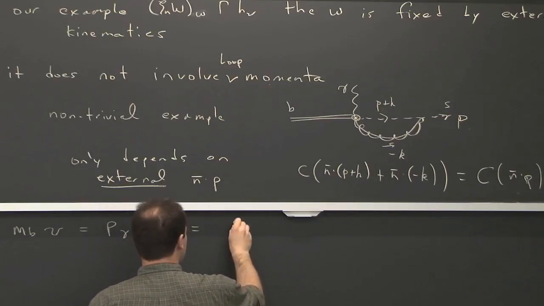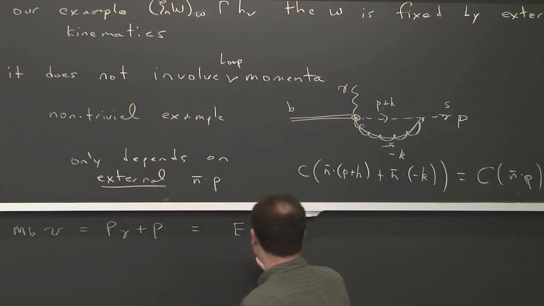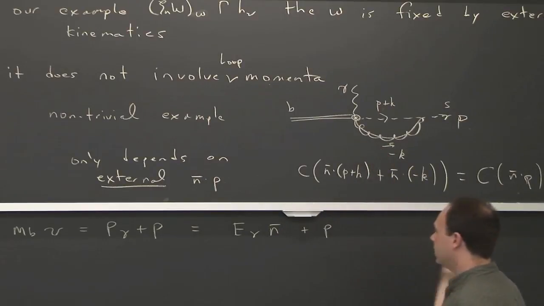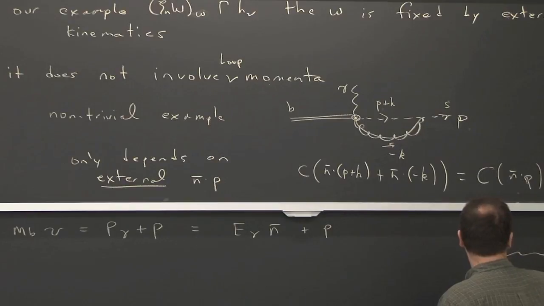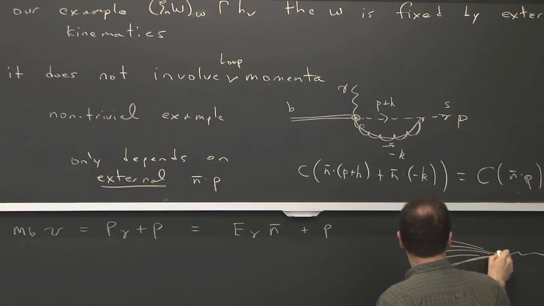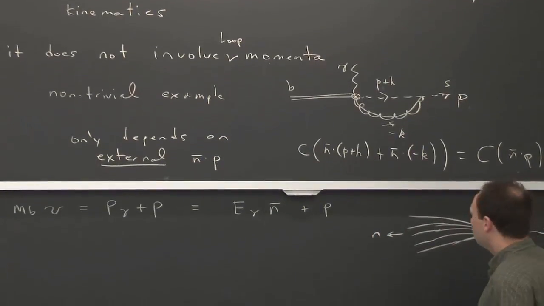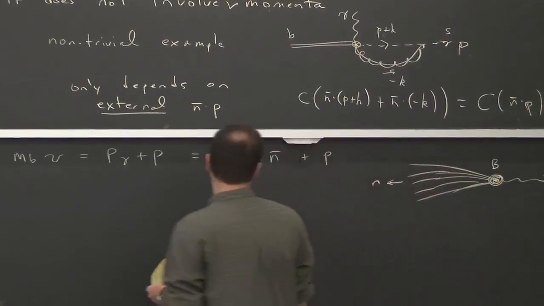And in the setup here, we could just think of it as E gamma times n bar, because P is collinear to the n direction, and we have the photon going this way, back-to-back with a jet that's described by the collinear n direction. So this is the B meson decaying to a photon and a back-to-back jet.